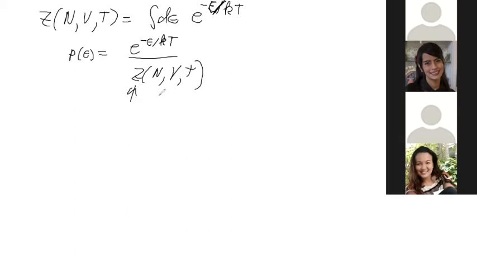Now, how would you call this number Z? This is the probability, right? Yeah, so the probability of finding epsilon is e to the power minus epsilon divided by kT, divided by the normalization constant. And the normalization constant is actually the integral of this e to the minus epsilon over kT. So by analogy with something that we already have discussed, how would you call this function Z of NVT?